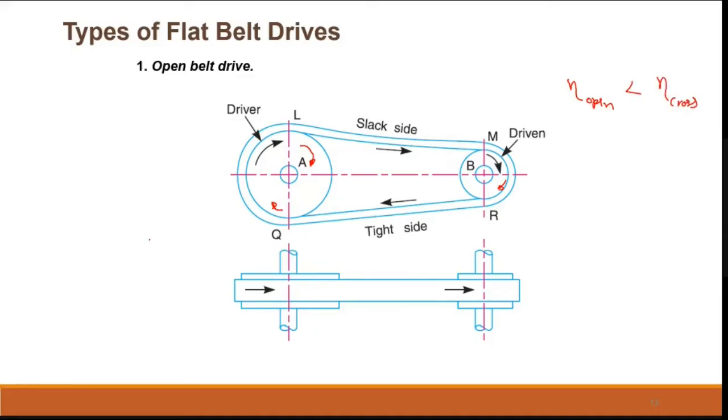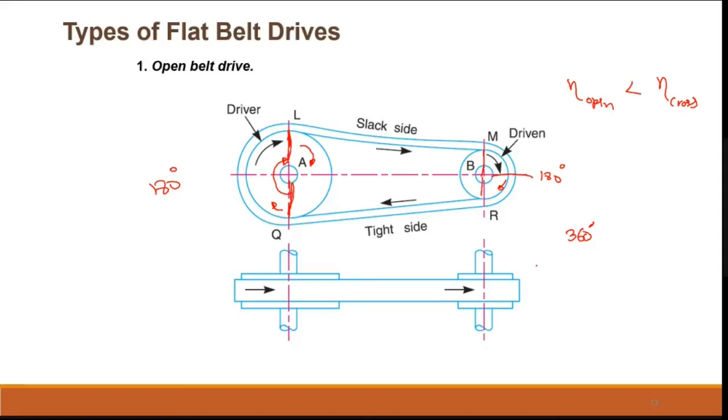The reason is the contact. You can see here the contact surface is 180 degree in the driver and 180 degree in the driven, right? So totally you have around 360-degree contact.